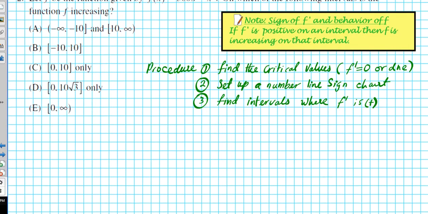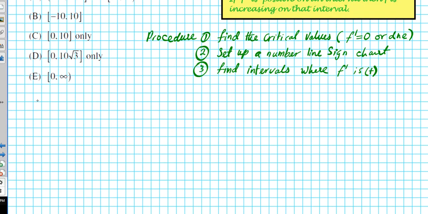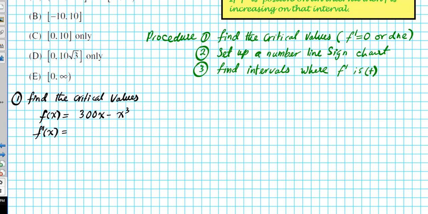Let's do it. Part 1, we want to find the critical values, basically where f prime is equal to 0 or does not exist. Starting with the function f of x equals 300x minus x to the third, we're going to find the first derivative, f prime of x.